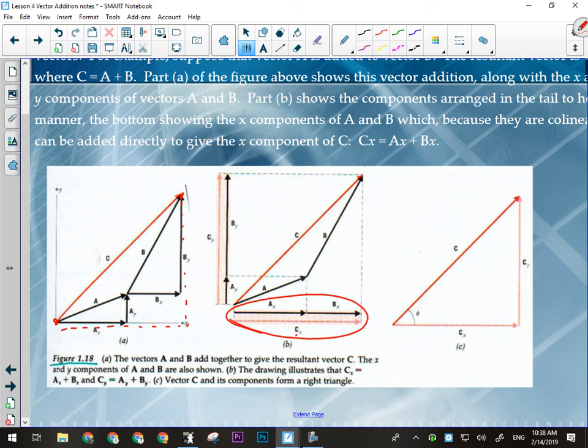If I take AY and BY and add them together, I get how far up we go in total. So we're just taking the individual pieces of the two vectors and putting them together. That's why we call it vector addition. We're always putting them together to calculate our resultant's x's and y's. Questions there?